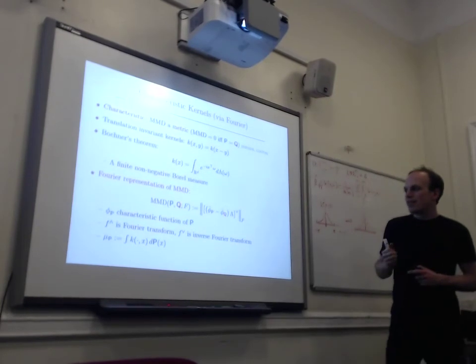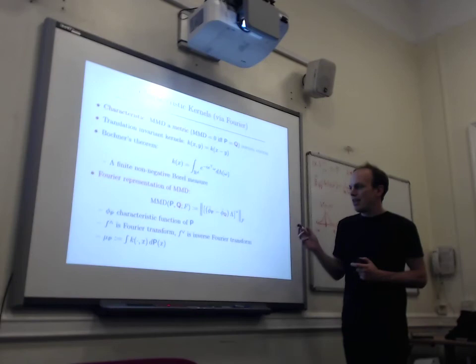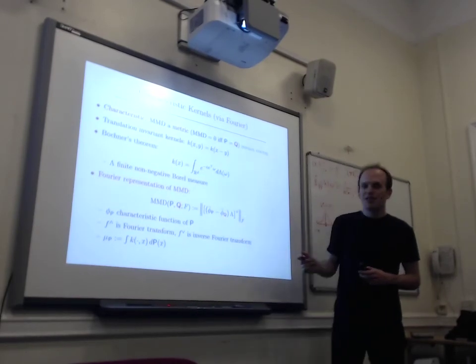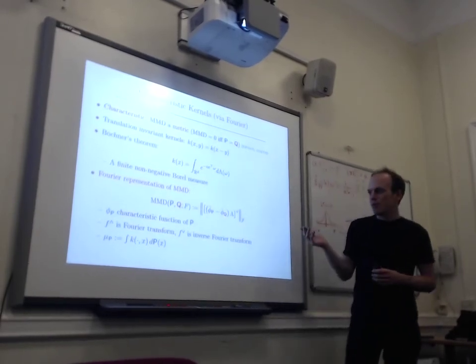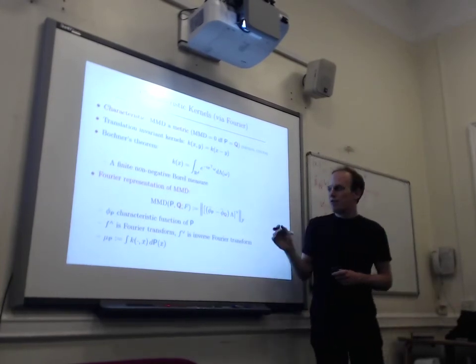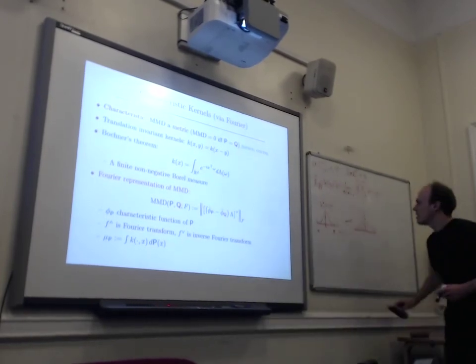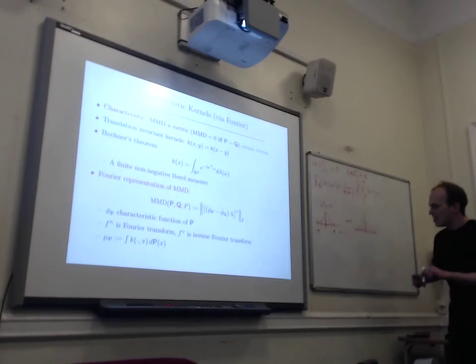And the second trick that we're going to use is that if you take the expectation of the kernel under some probability, you can represent this in the Fourier domain as a product. I'm going to give an illustration on the next slide, but just to give the theory result first.